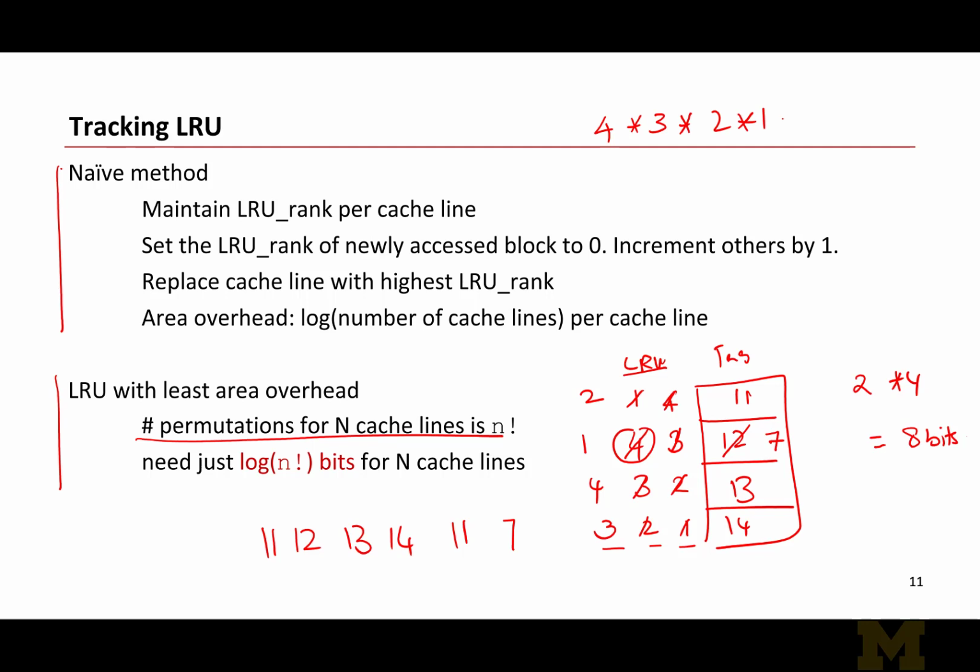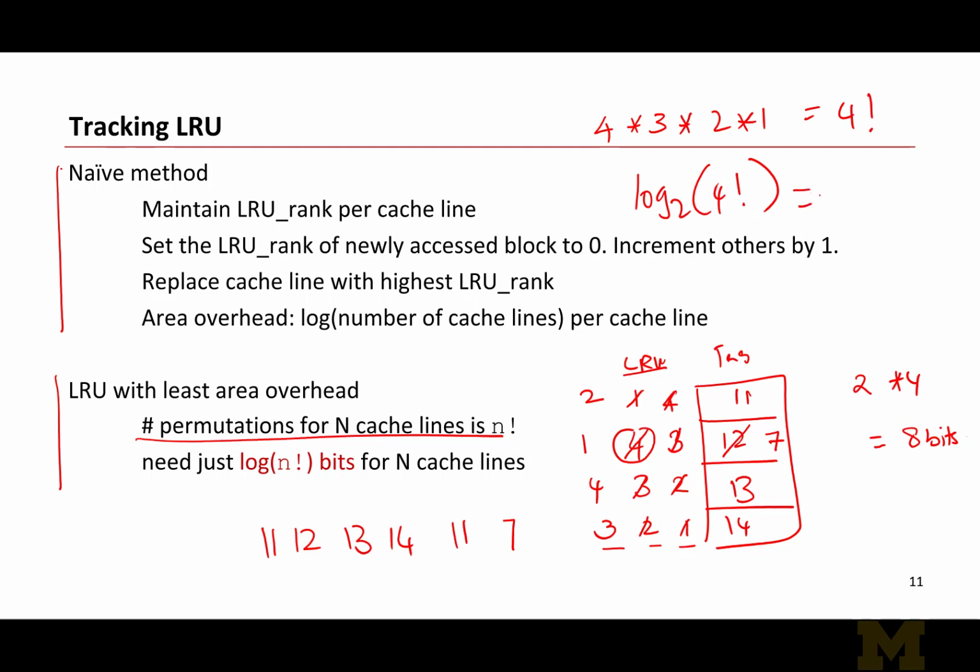So this is a standard mathematical formulation where there are X number of permutations possible. Like you are given 4 items and you can arrange them in 4 factorial number of ways, and therefore I need enough bits to express one of those 4 factorial number of ways. So if I need to compute the number of bits required to express 4 factorial, I can take a log to the base 2 of 4 factorial.